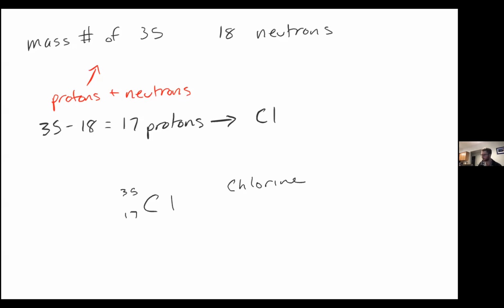All right, so question 10. For each isotope, write the proper nuclear notation and indicate the number of subatomic particles that are present. So let's just do neon 22. From the periodic table, I see that neon has an atomic number of 10, which equals 10 protons.